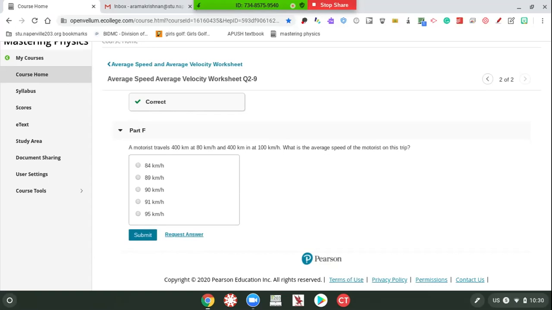So what is the total distance? 800 kilometers. And total time? Total time is T1 plus T2. Yes. T1 is 400 by 80. And T2 is 4.